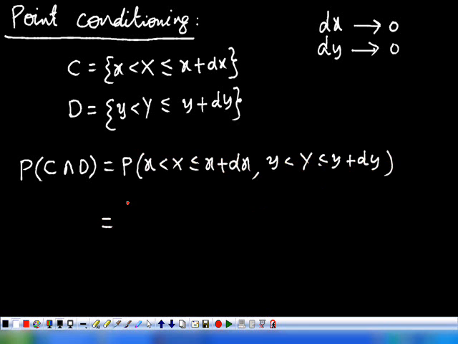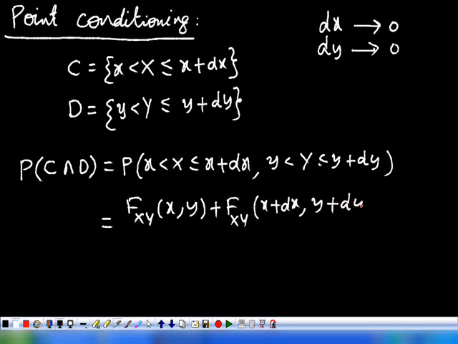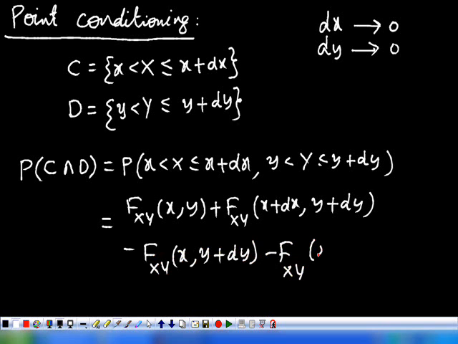So this can also be written as Fxy of x comma y plus Fxy of x plus dx comma y plus dy, minus Fxy of x comma y plus dy, minus Fxy of x plus dx comma y.